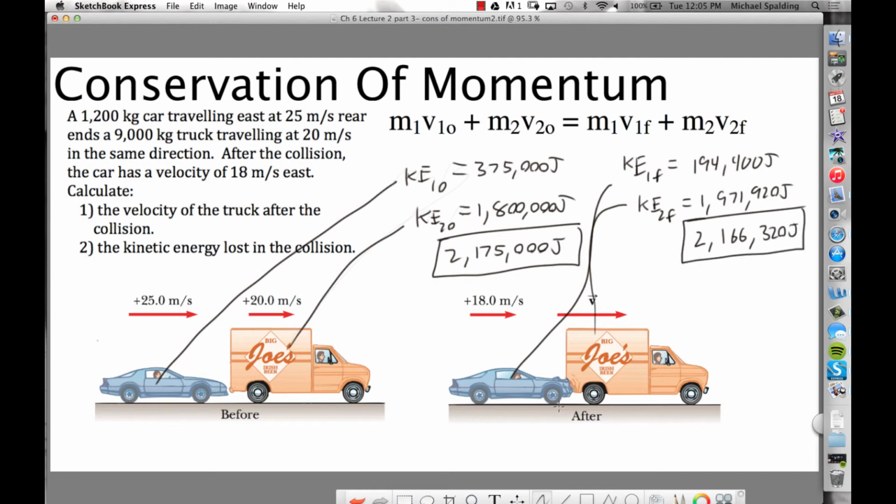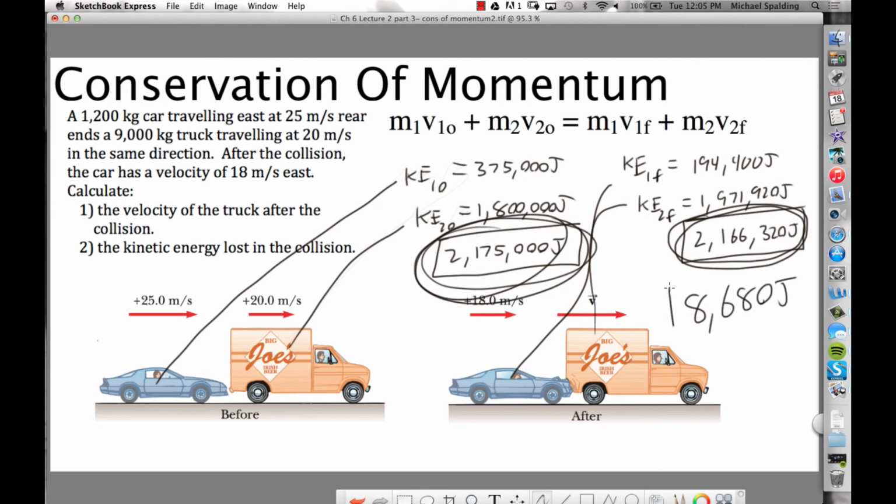So that's the final. So how do we figure out how much kinetic energy was lost? This was the kinetic energy before. This is the kinetic energy after. Subtract them, and we find out that we lost 8,680 joules. That was the energy lost in the collision.